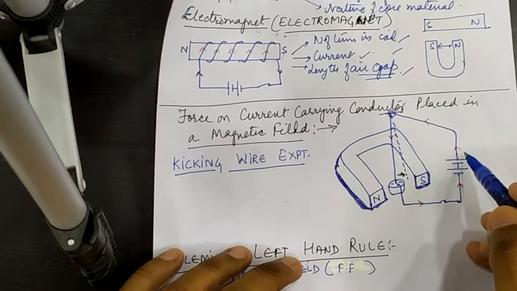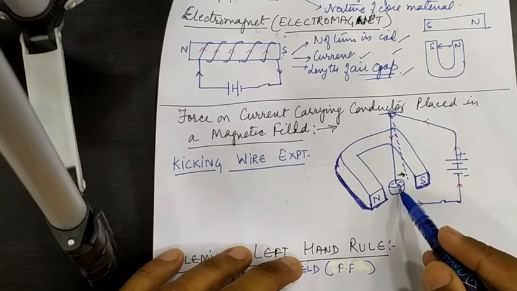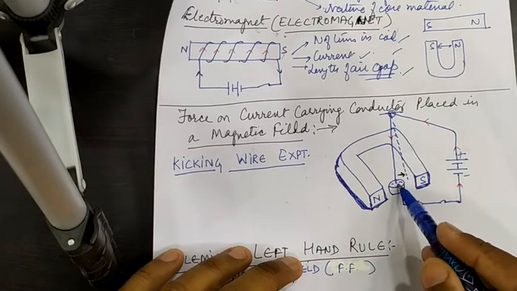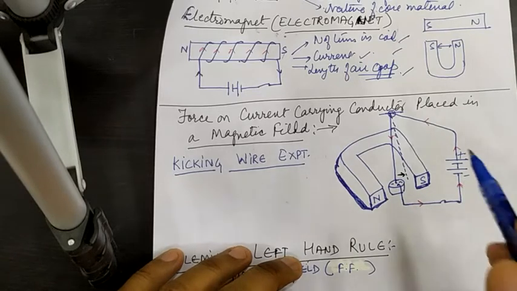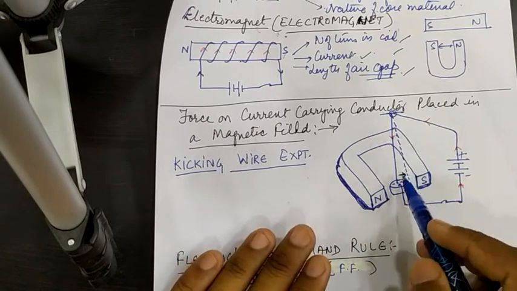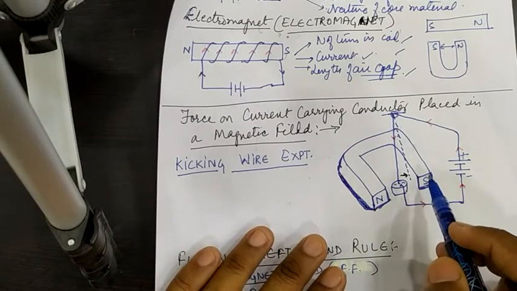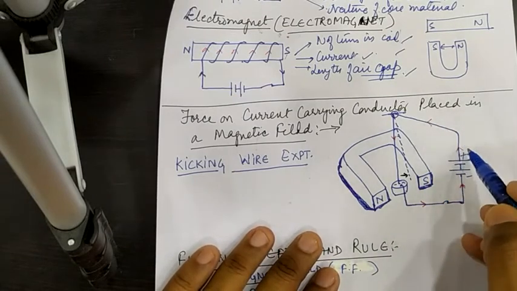The other ends are attached to a battery in this manner, and to complete the circuit, this is again a wire that is attached to the negative terminal. So once you place this wire in the magnetic field, as you can see here, current passes when you pass the current through the battery.